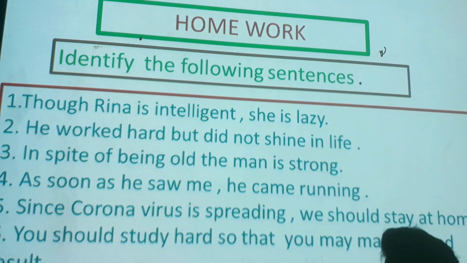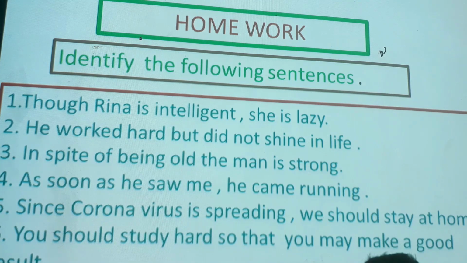Number three, in spite of being old, the man is strong. This sentence, which sentence? Number four, as soon as he saw me, he came running. Number five, since coronavirus is spreading, we should stay at home. This sentence, which sentence?